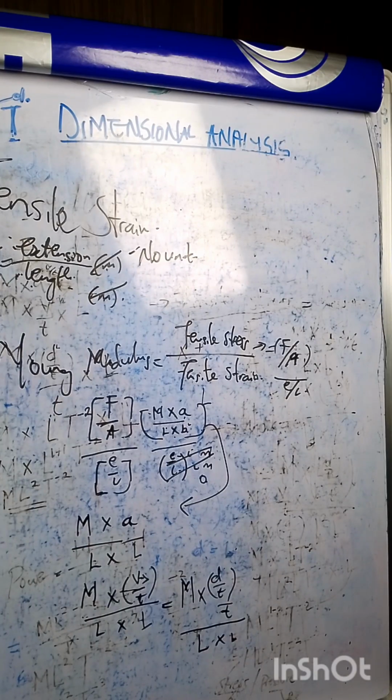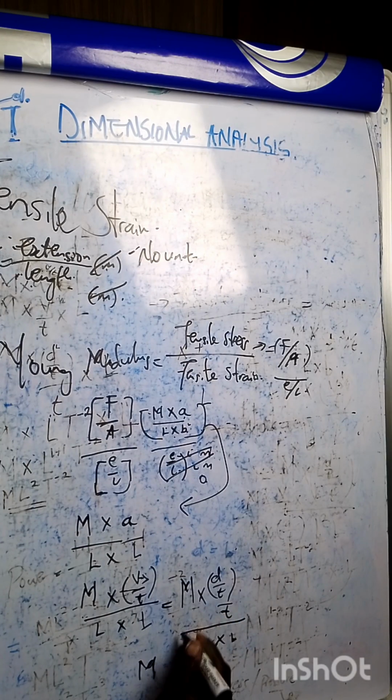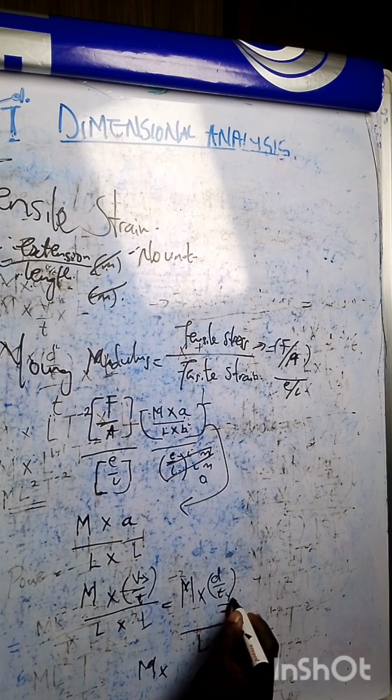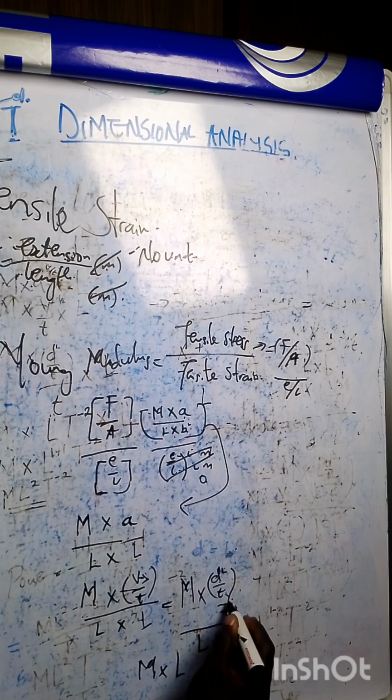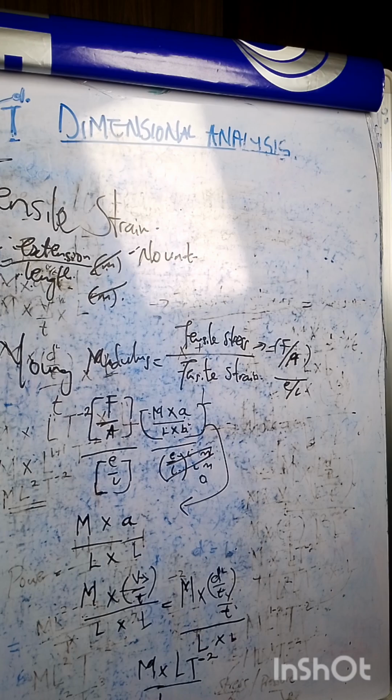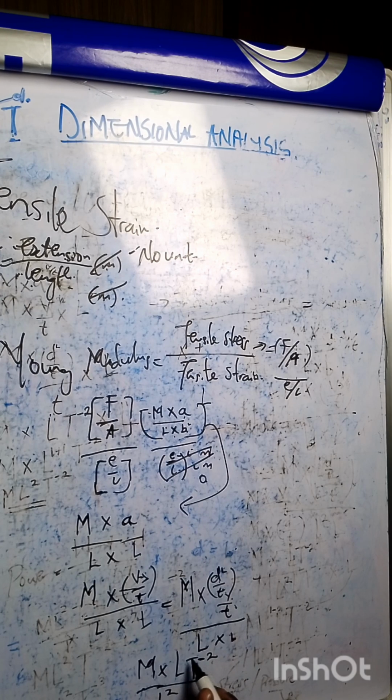Are you with me? Then you have your M, then multiplied by T raised to the power minus 2, then divided by your L multiplied by L, that's your L square. So L multiplied by L square. We're having L up and another L down here.